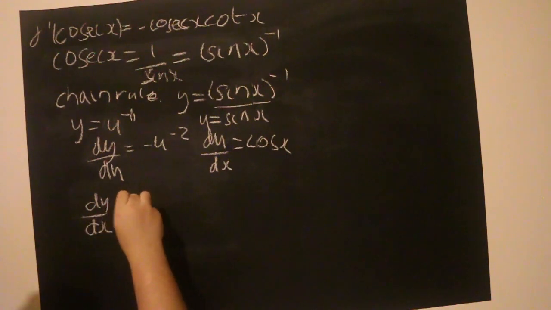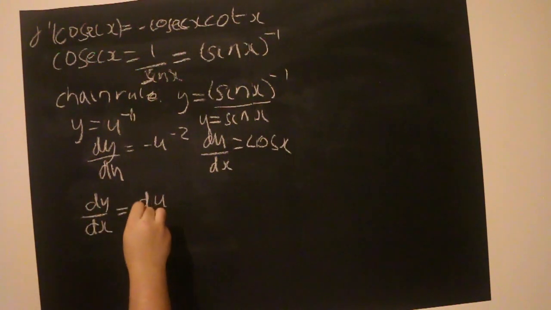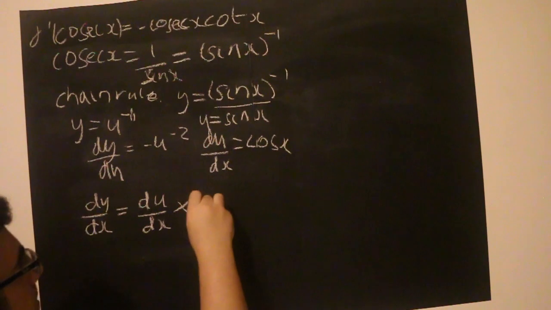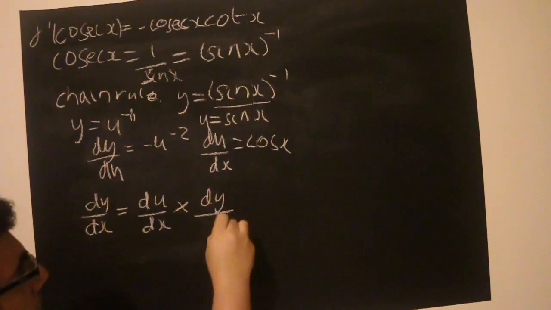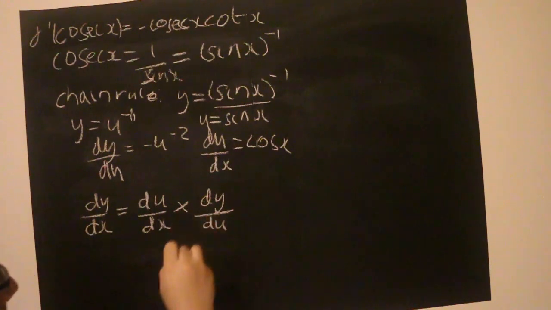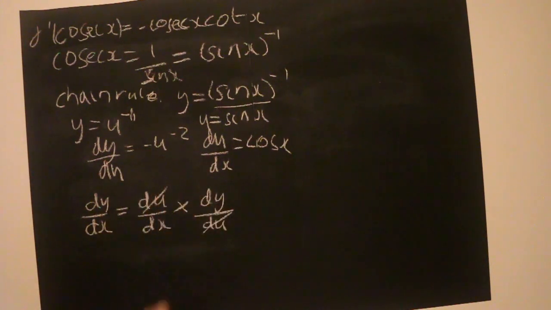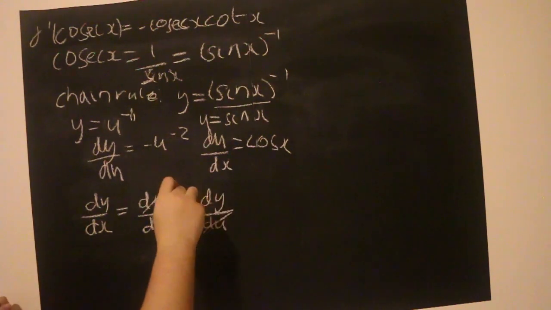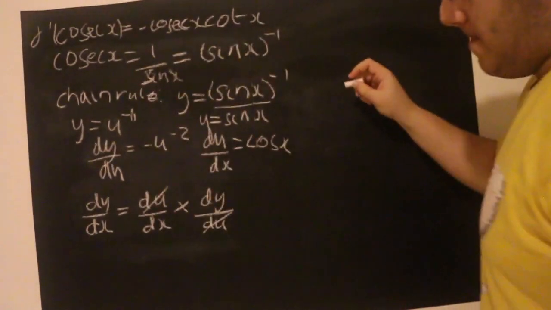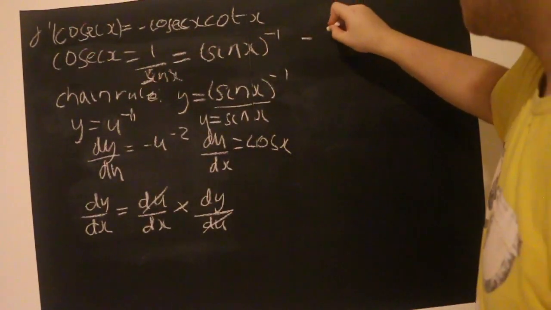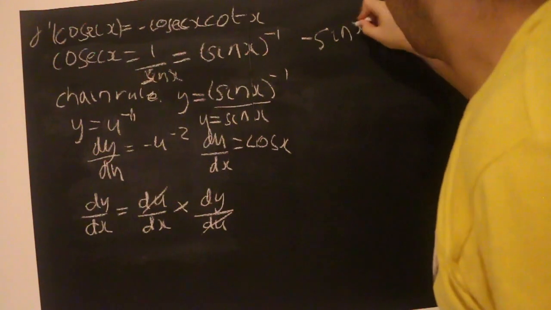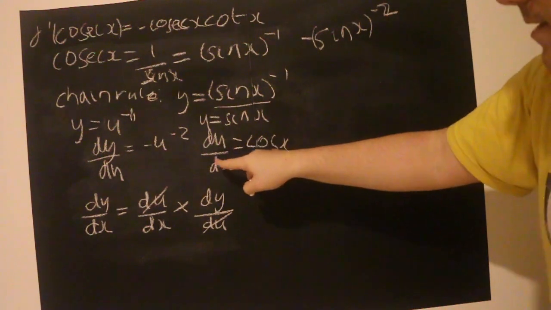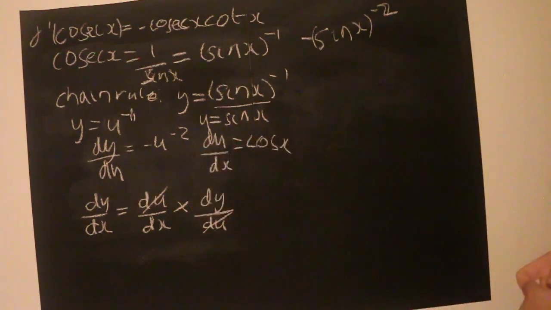This is du by dx multiplied by dy by du. The du's cancel out and we're left with dy over dx. So we just multiply them and we get minus sine x to the power minus 2. That is what dy by du is.